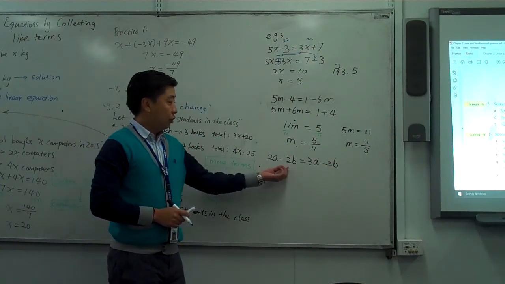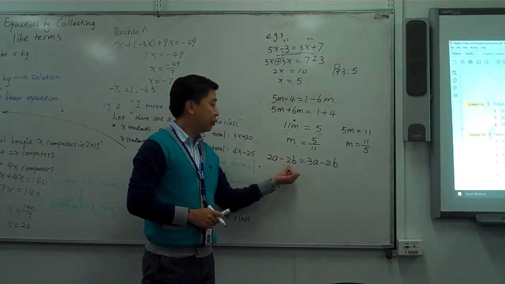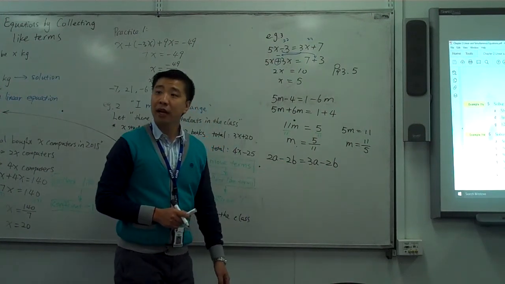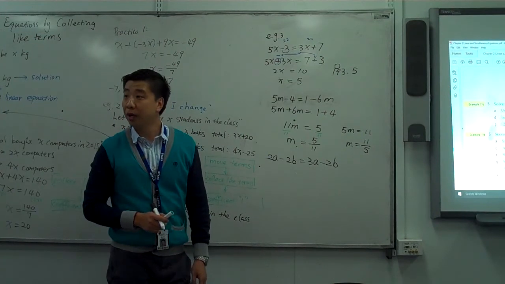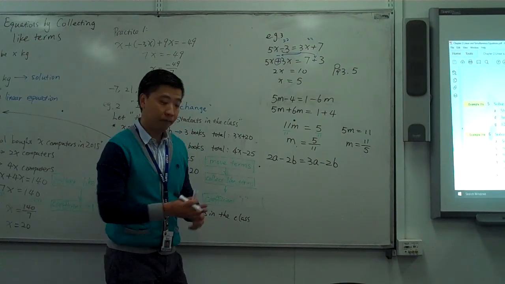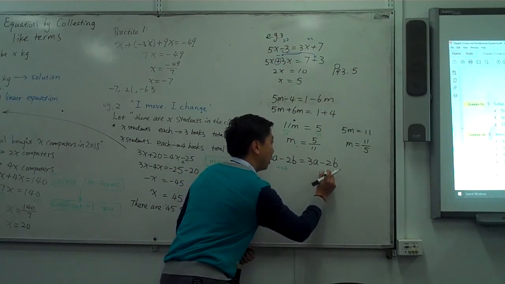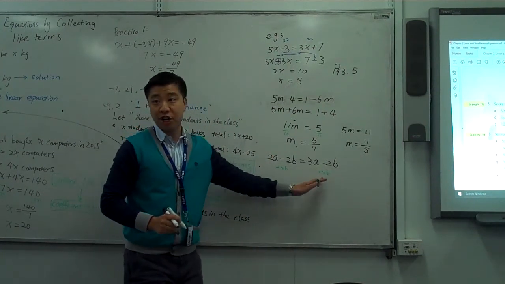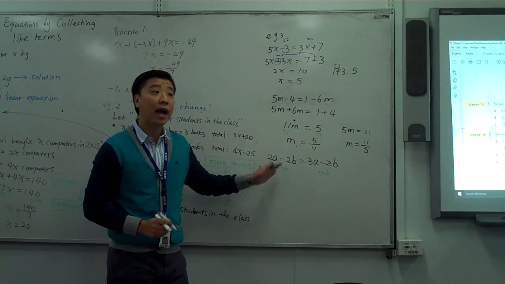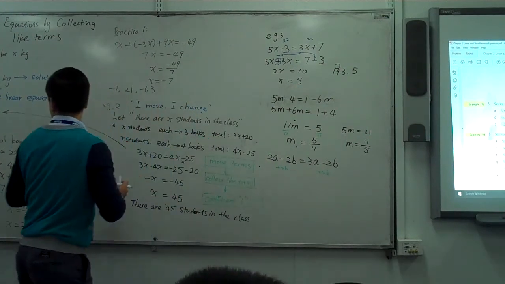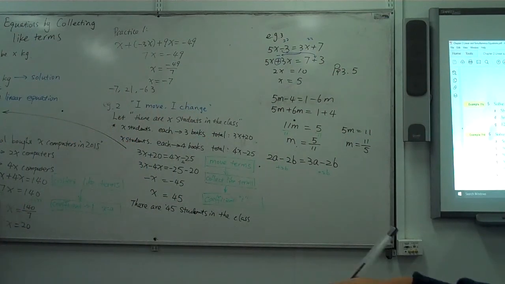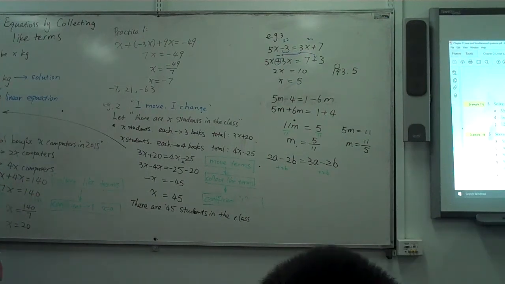Now, to get rid of negative 2b on both sides, can I plus 2b on both sides? If I plus 2b on this side and plus 2b on this side, will the value change? No. I add the same things. It's like when I divide by 7 on both sides, the value remains the same.